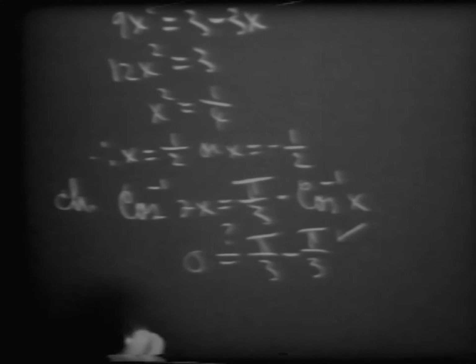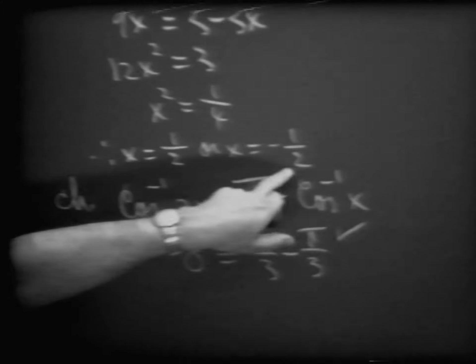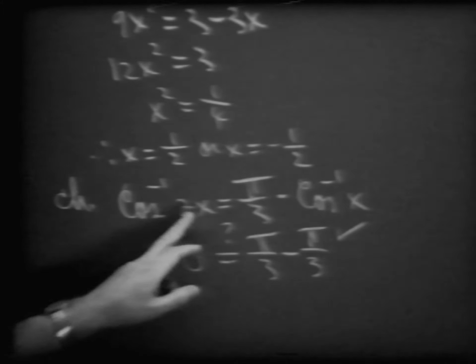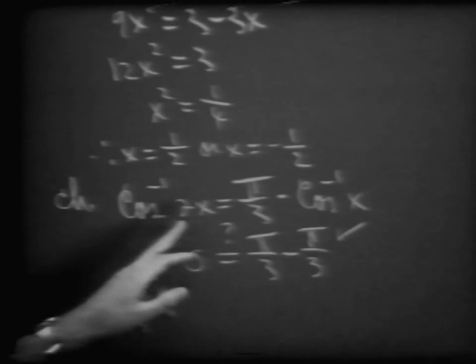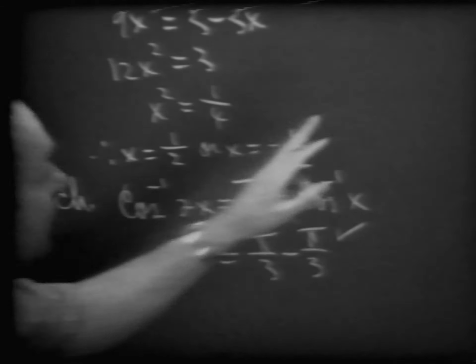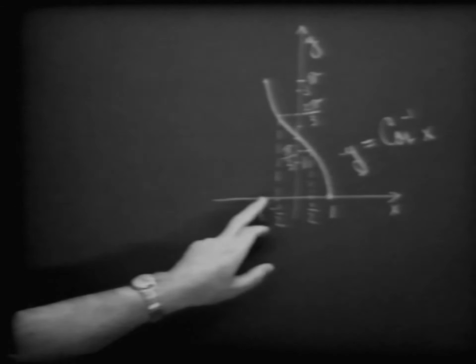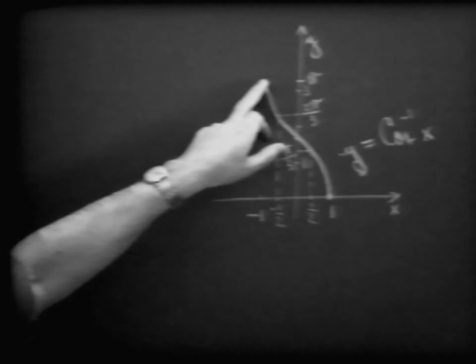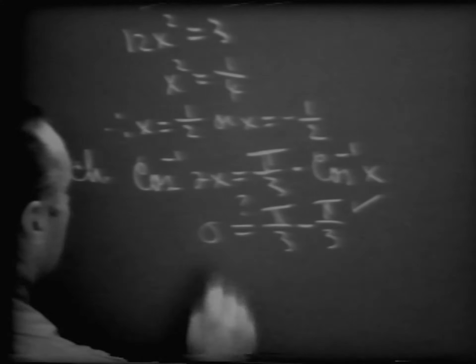Now let's check the other case, in which x is negative 1/2. Well, 2 times negative 1/2, of course, is negative 1. The inverse cosine of negative 1. Well, let's look at our graph. Here is negative 1. What is its inverse cosine value? Up at pi. Is that right? So the left side is pi.